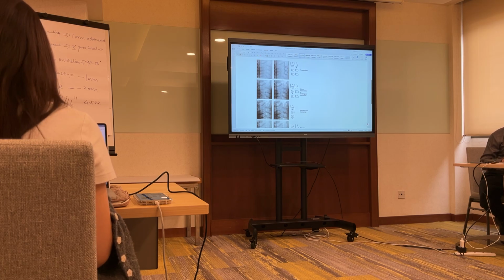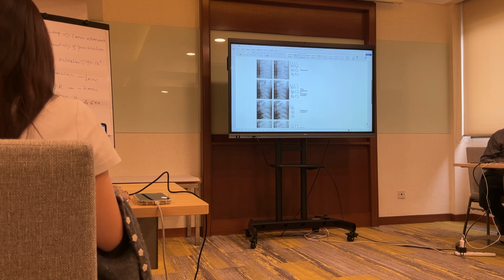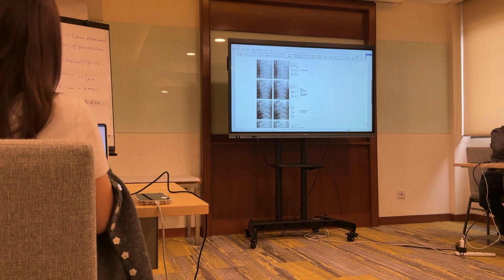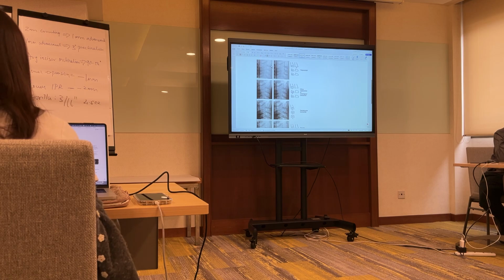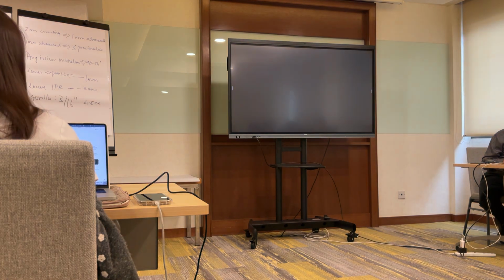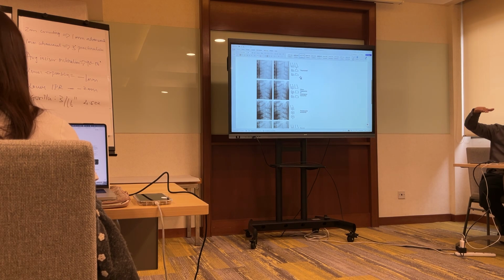What we are interested is to look at the inferior border of these vertebrae. If you look at the inferior border of this vertebrae, the inferior border could either be flat or it could be curved. Okay? When this patient starts growing, the C2 vertebrae will be curved. Then the C3 will be curved, and then the C4 will be curved. It goes in that order.